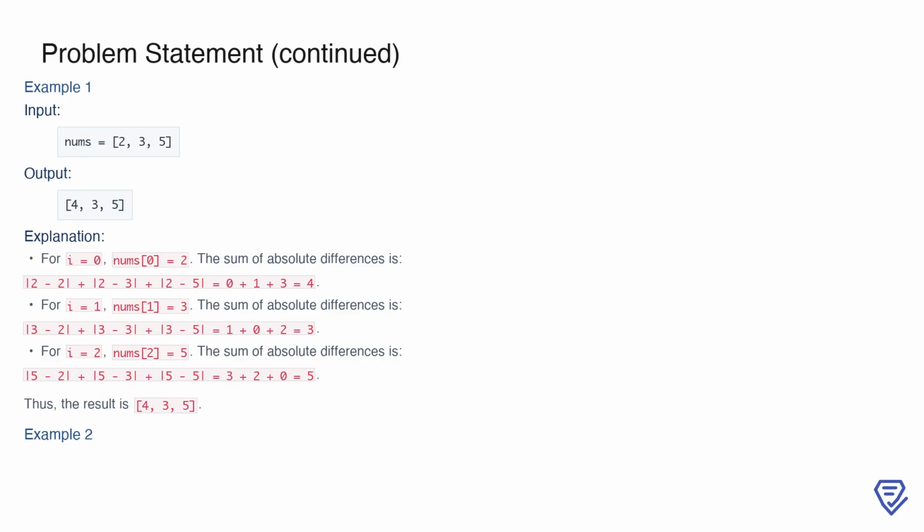For the second element, nums[1] equals 3, we calculate |3-2| plus |3-3| plus |3-5| equals 1 plus 0 plus 2, resulting in 3. Finally, for the last element, nums[2] equals 5, the calculation is |5-2| plus |5-3| plus |5-5| equals 3 plus 2 plus 0, which equals 5. Thus, the output array for this example is [4, 3, 5].